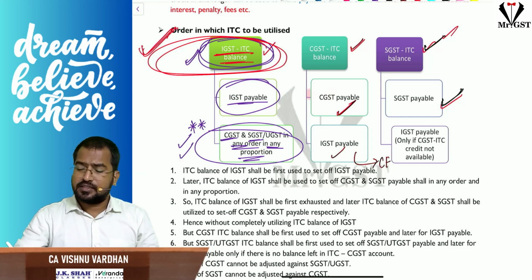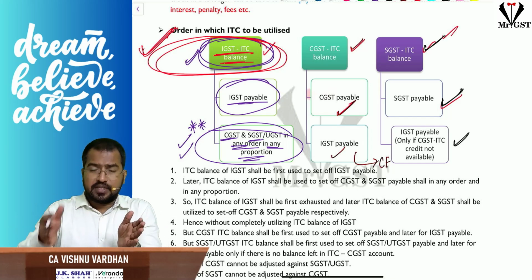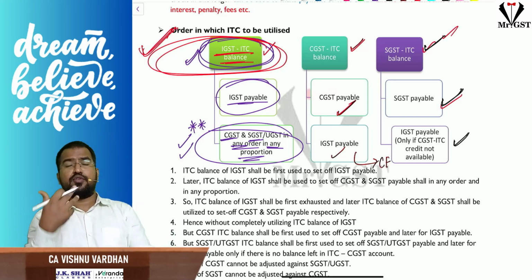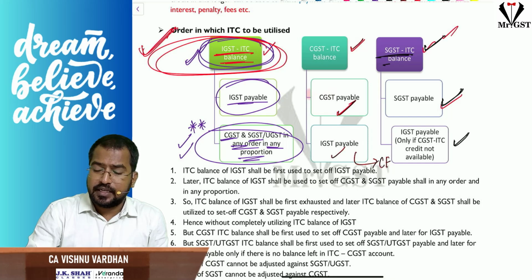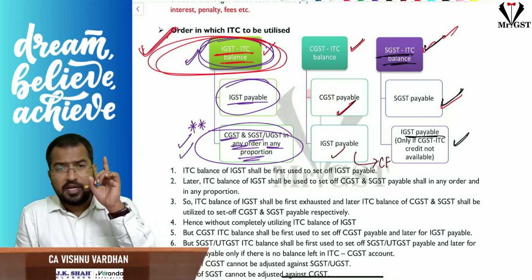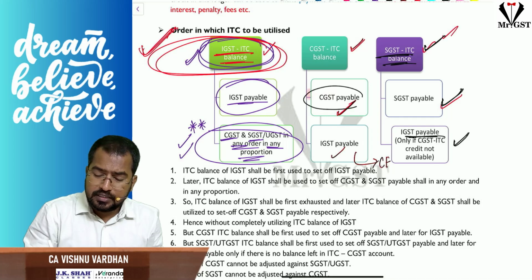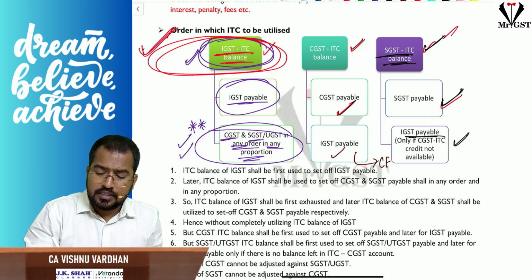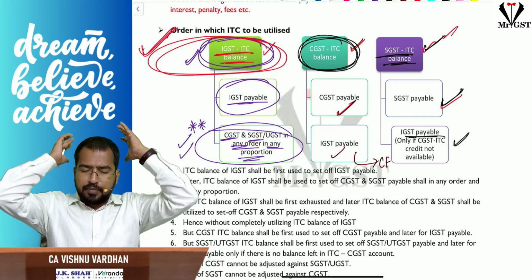Till there is balance, use it for IGST payable. If you proceed in the same order we are discussing, then only will you satisfy all the conditions. Why? Because the SGST ITC balance cannot help IGST payable unless the CGST ITC balance is zero. That means IGST payable is there.